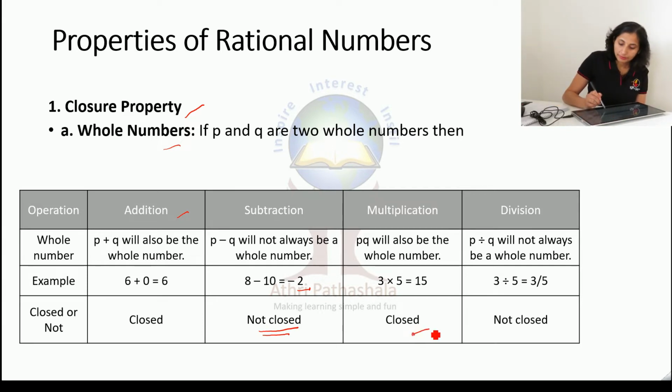For multiplication it is closed, and for division it is not closed, because 3 by 5 is not a whole number, so it is not closed under division.